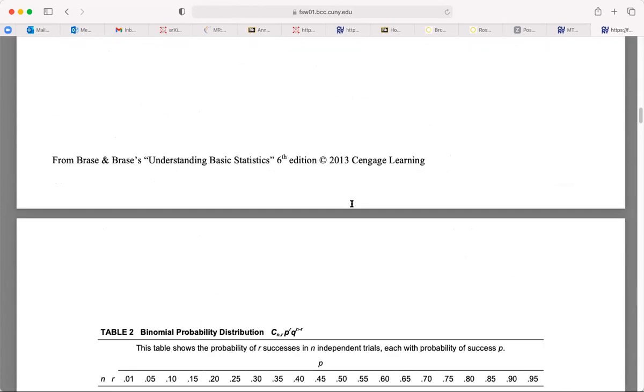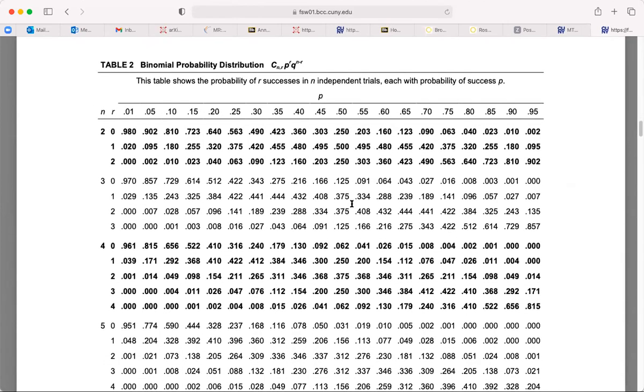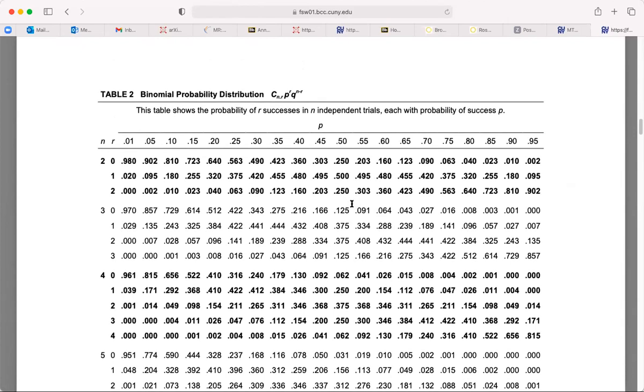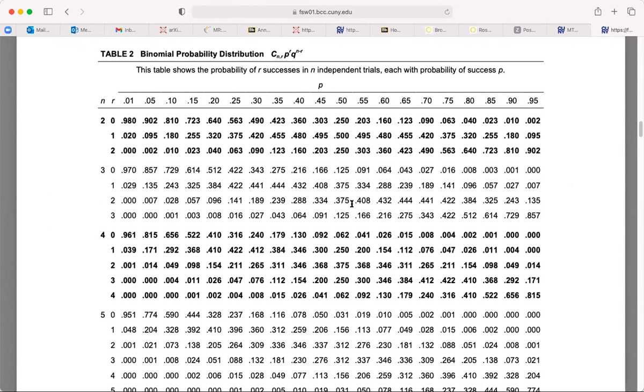All right. So as I said, this is table number 2 in this formula sheet. I think it's the third page in the formula sheet. So in this table, guys, this table actually is going to give you the answer. So first, in our problem, remember, we had n equal to 6, right?